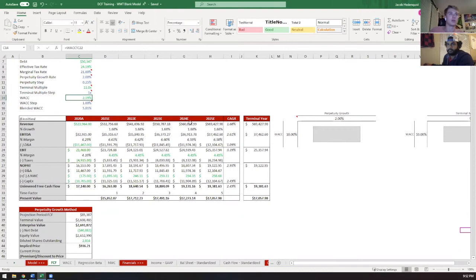Just to kind of show y'all the way this works, the WACC's at 2.59%. Having a lower WACC drives your implied price up. So just for sake of an example, let's change this to 4%, and look what happens to the implied share price. It changes dramatically. So that's why that WACC is so important.